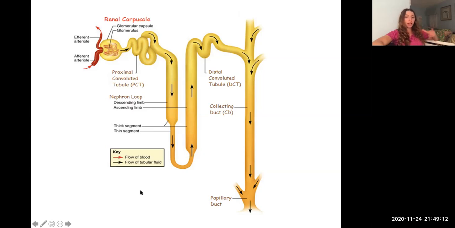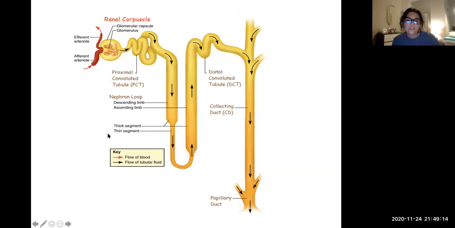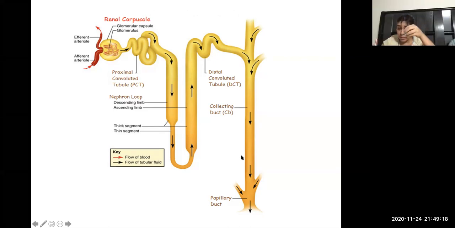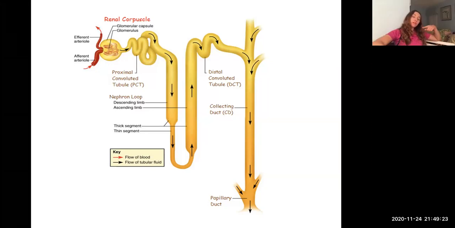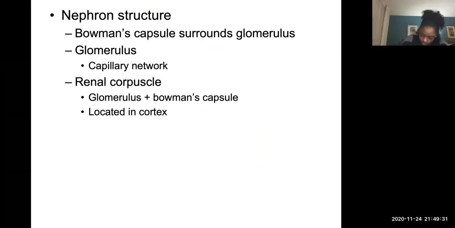And only after that. Wait, after the collecting duct or after the papilla? After the collecting duct. Once you release it, that's the final. Yeah, once it goes into the renal papilla. Renal papilla. Okay. I think that's what it's called. Like 95% sure. Urine. Okay.